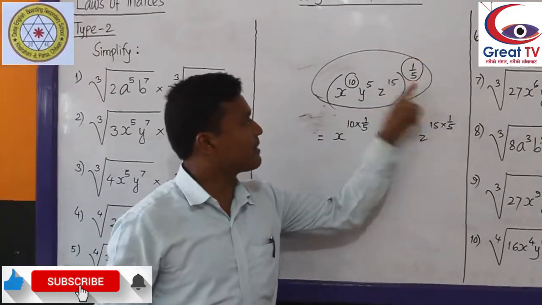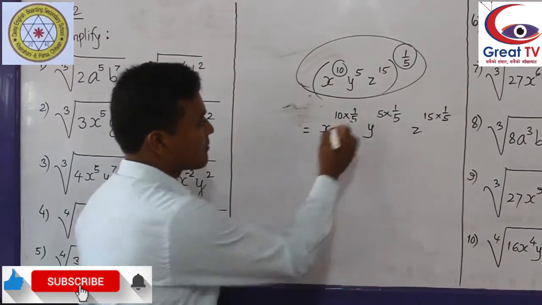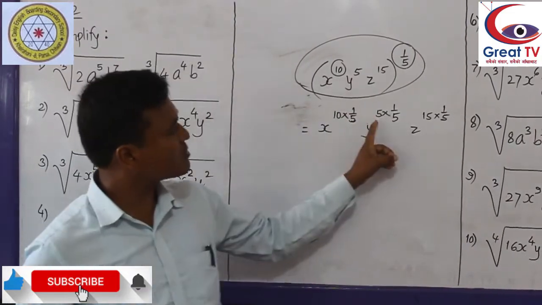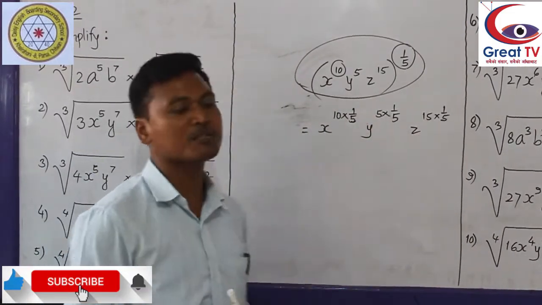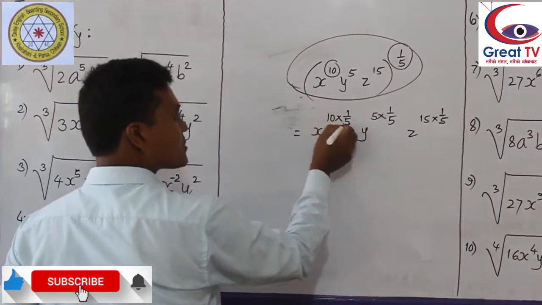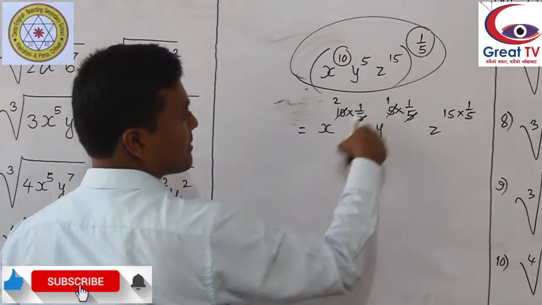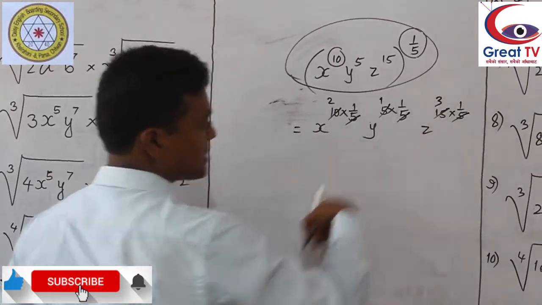Now, these can be simplified because we have a multiplication relation between them. Here, 10 is exactly divisible by 5. 5 1s are 5, 5 2s are 10. 5 1s are 5, 5 3s are 15.